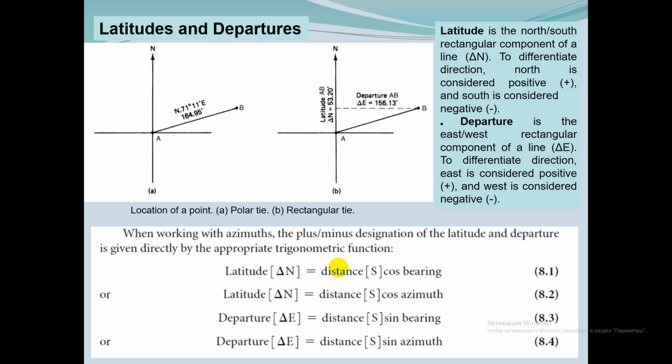If the survey has been perfectly measured, angles and distances, the plus latitude will equal the minus latitude and the plus departure will equal the minus departure.